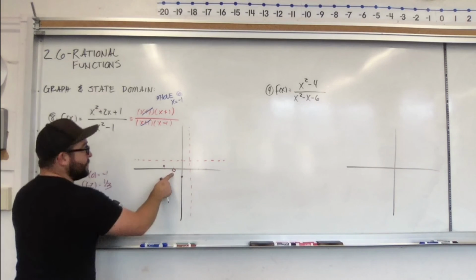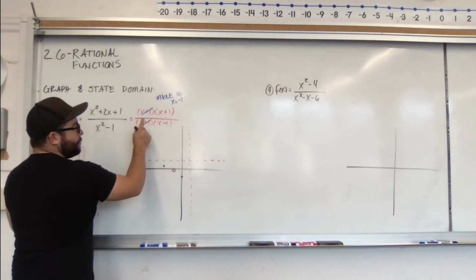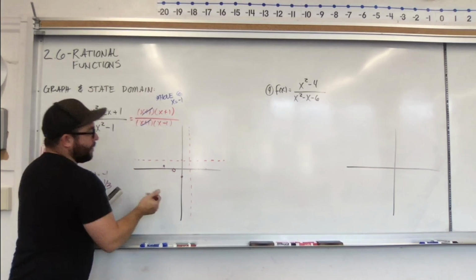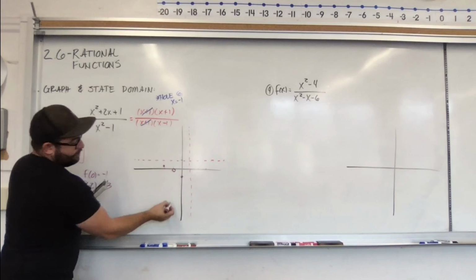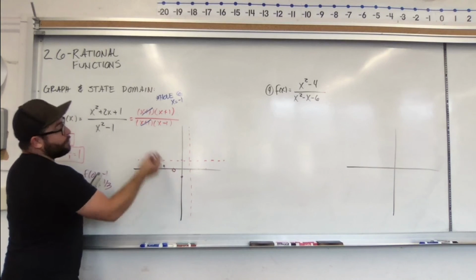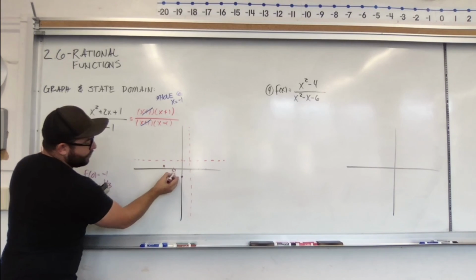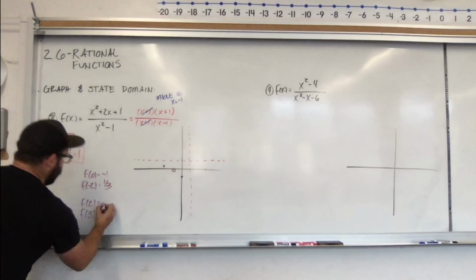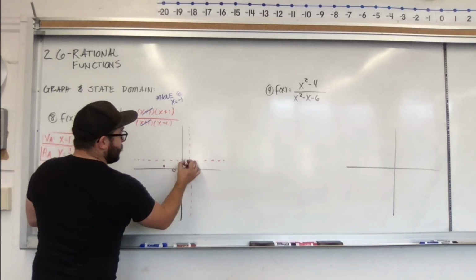Because that is this point we can't include. So again, when we have those shared factors, top and bottom, it doesn't produce an asymptote right there, but it does produce a hole that we don't get to include. So I'm going to make note of that with that open circle. Now f of 2, I get 3, so at 2 I go up 1, 2, 3.